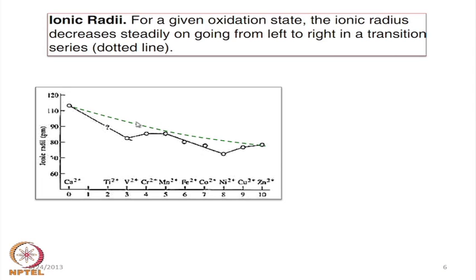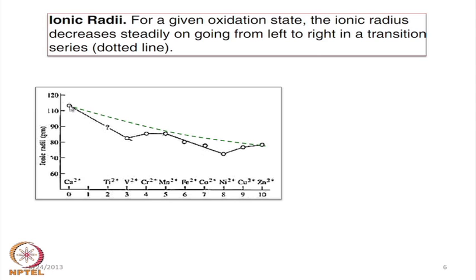If there is no contribution from d electron occupancy, we will have a monotonic decrease from calcium to zinc as the nuclear charge increases, squeezing the size, with ionic radii going from 113 or 114 picometer to almost 80 picometer.